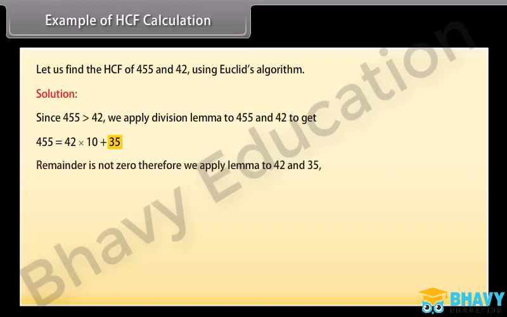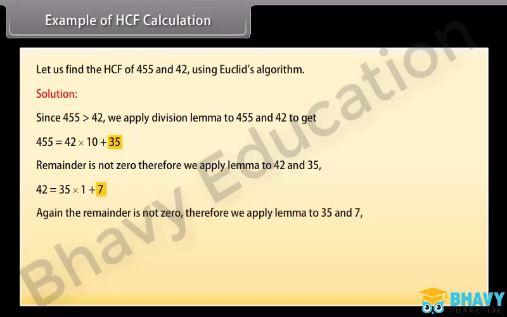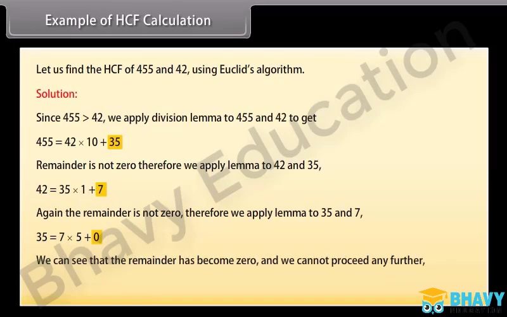Remainder is not 0, therefore we apply lemma to 42 and 35. 42 is equal to 35 into 1 plus 7. Again, the remainder is not 0, therefore we apply lemma to 35 and 7. 35 is equal to 7 into 5 plus 0. We can see that the remainder has become 0 and we cannot proceed any further. Therefore, the Hcf of 455 and 42 is the divisor at this stage.